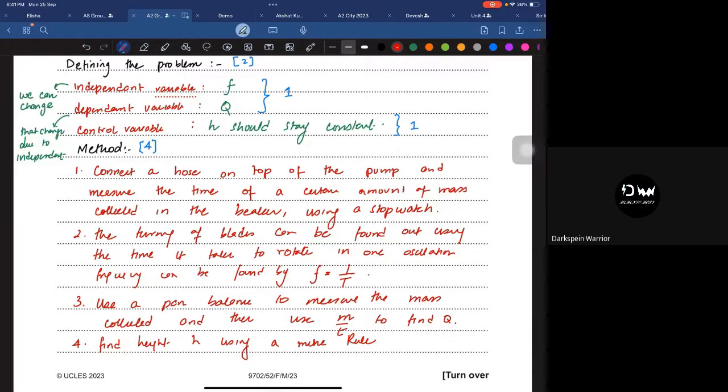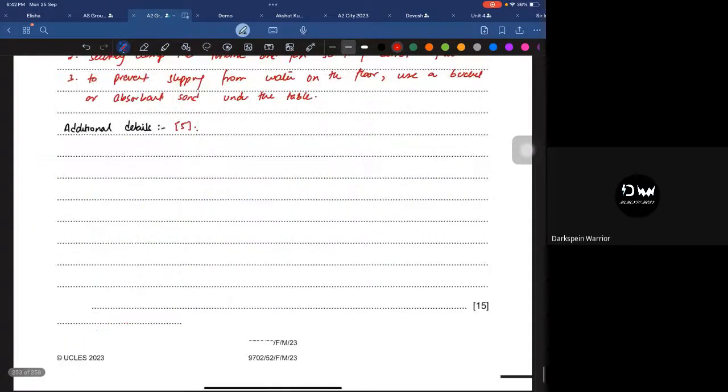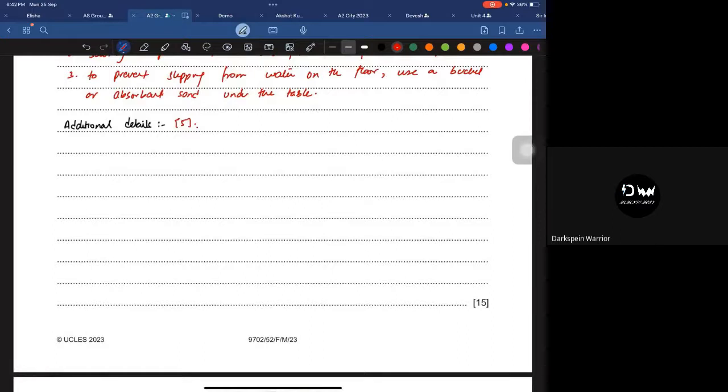And I have not given very precise details. So what I always do is I have a scheme. My scheme is that I write a very basic experiment, and then when it comes to the additional details, I improve that experiment. So the examiner knows that I know there are certain things that can be used to improve this experiment to make it more accurate. Do you get it? So this is a plan of mine, right?